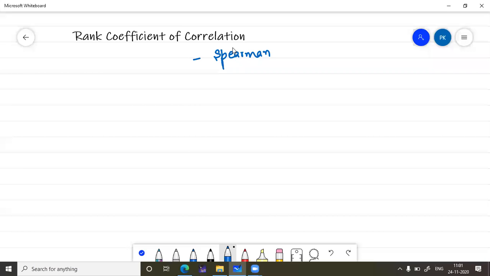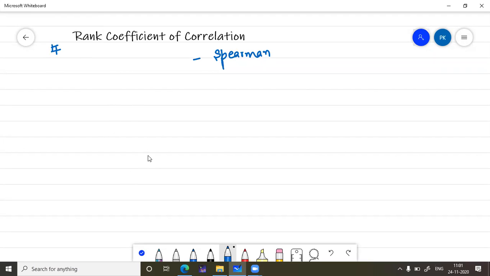In Karl Pearson's coefficient of correlation, that was based on certain assumptions which are not suitable for ranked attributes. So if the assumptions are not met and attributes are not measured in terms of magnitude, we use the rank coefficient of correlation.